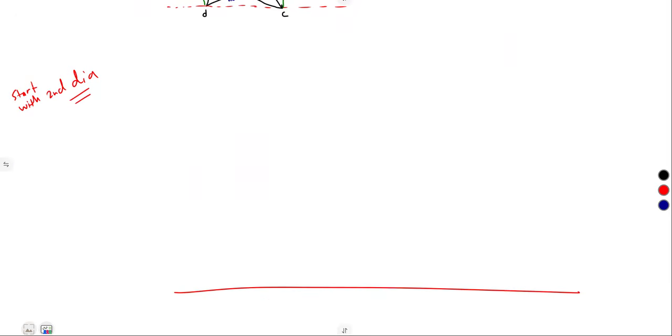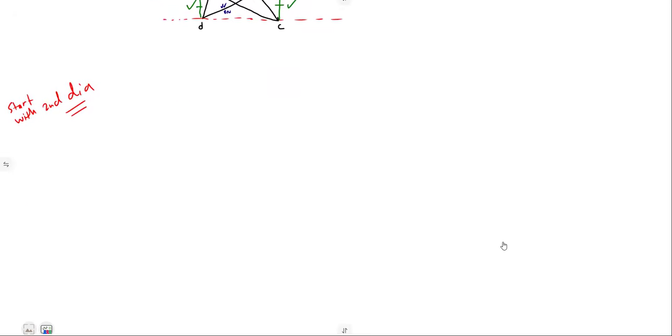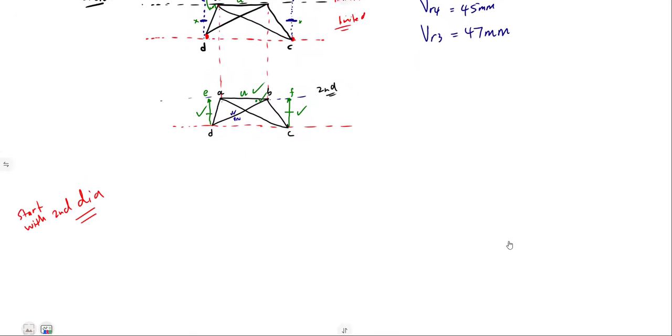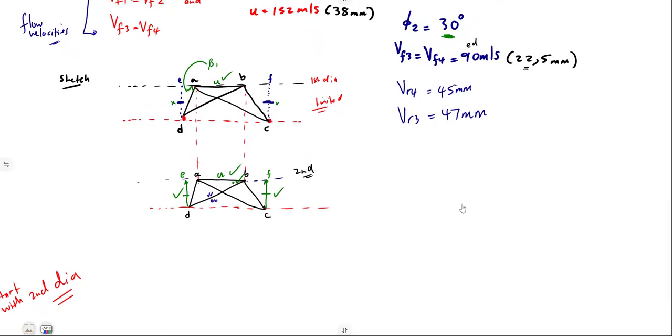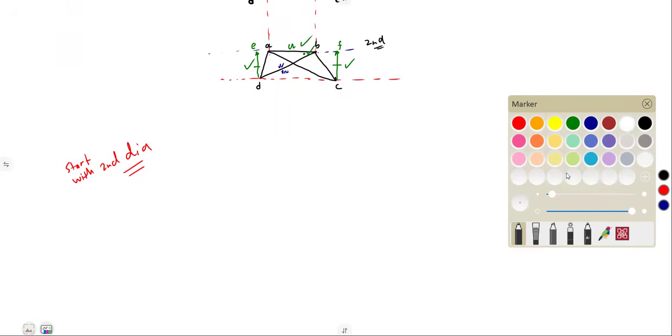So I'm just going to try and see what I can do, or I can even move it down afterwards.